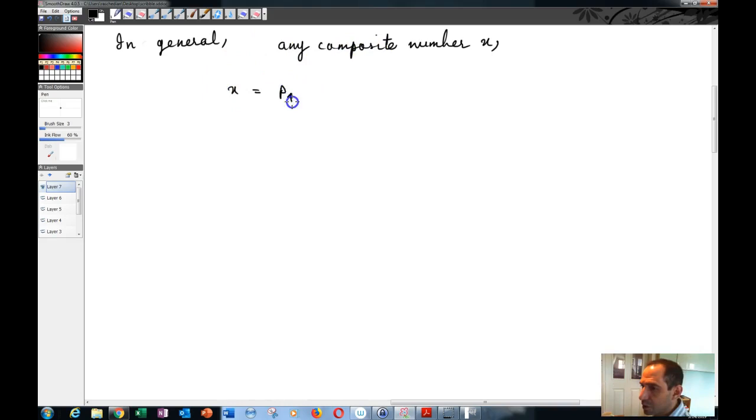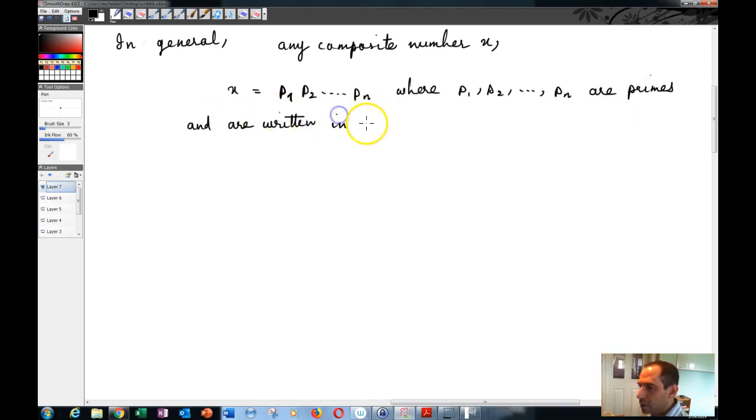x is equal to p1, meaning the prime number 1, p2, and all the way up to p of n, where p1, p2, all the way up to p of n are primes and are written in ascending order.